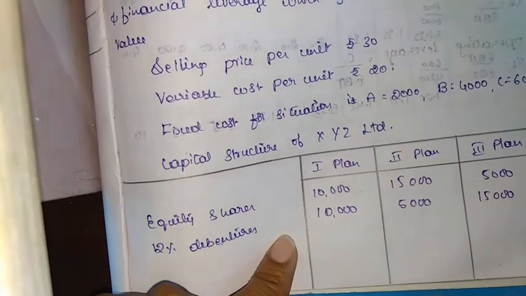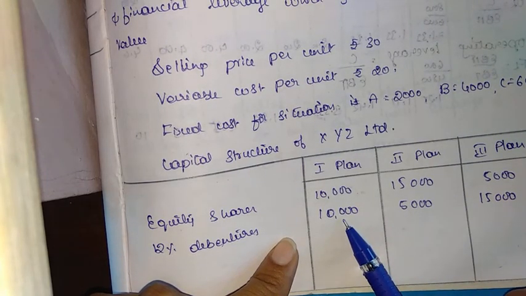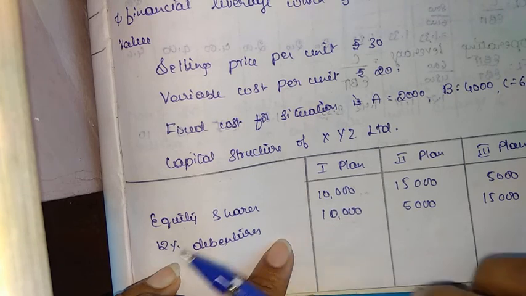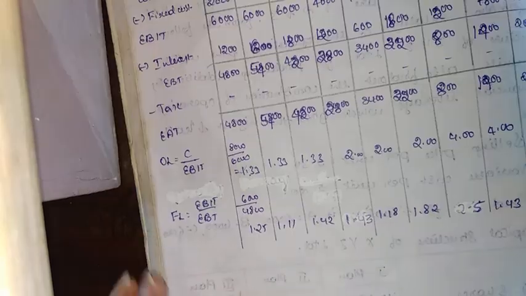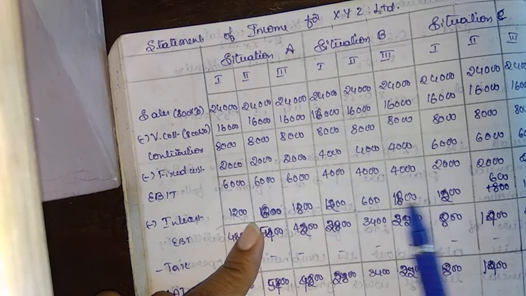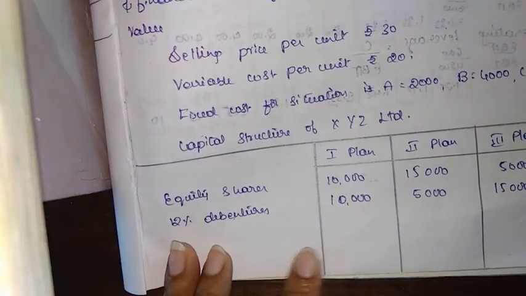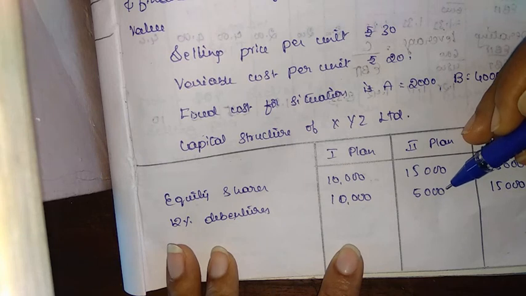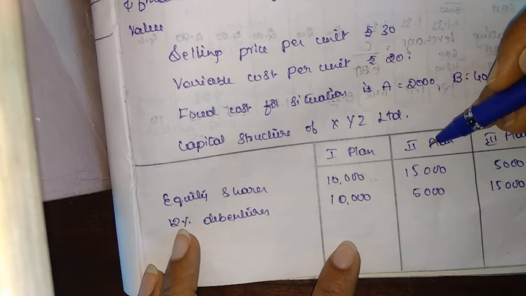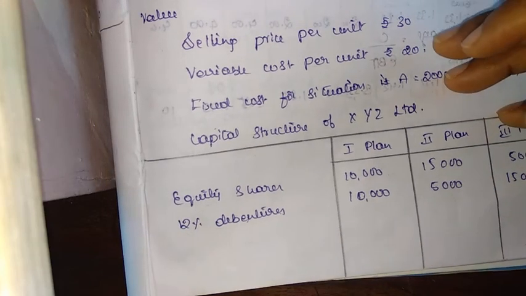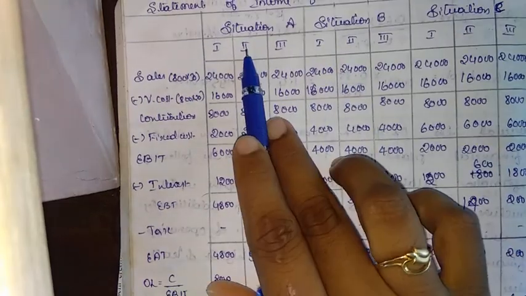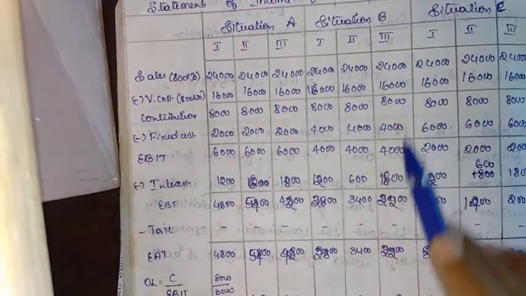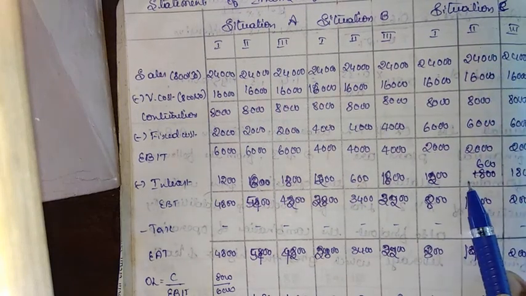Plan 1 has debentures of 10,000 and the rate of interest is 12%. So 10,000 into 12%, the interest amount for plan 1 for the 3 situations is 1,200 each. Plan 2 debenture amount is 5,000 at 12%, so the interest amount is 600 each.